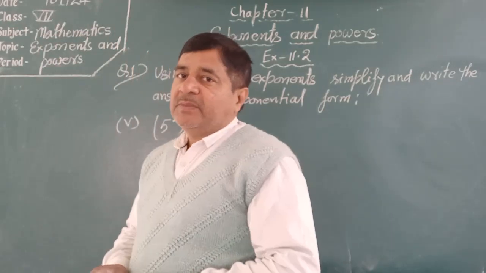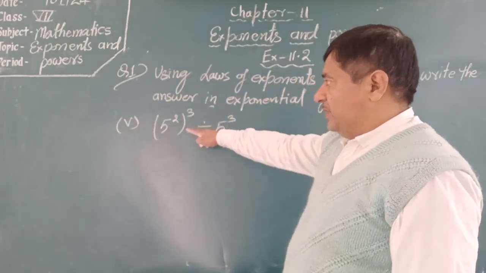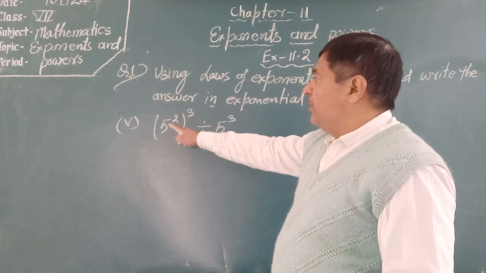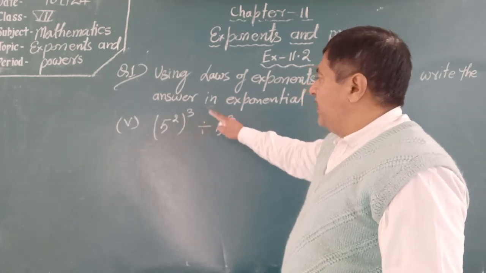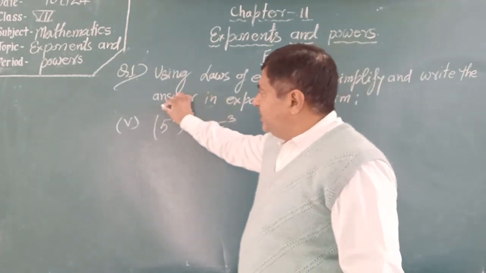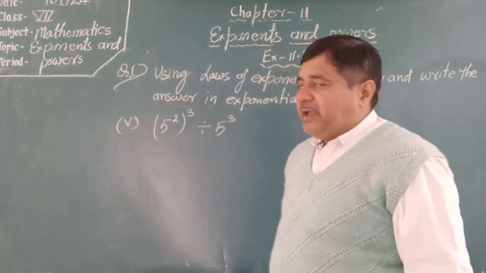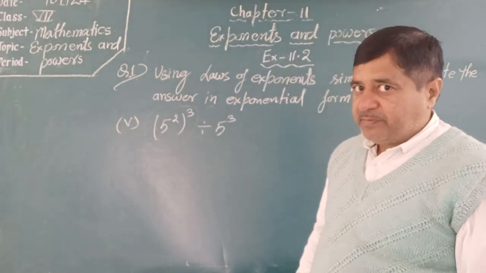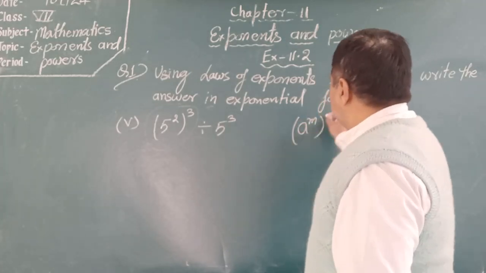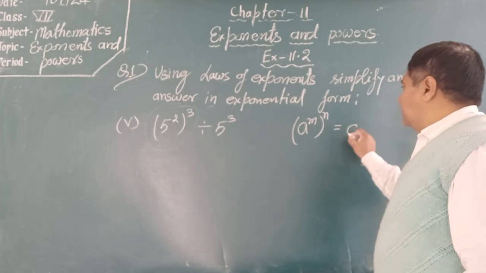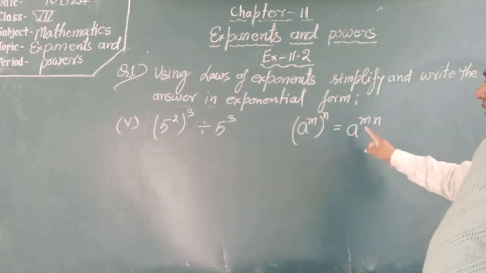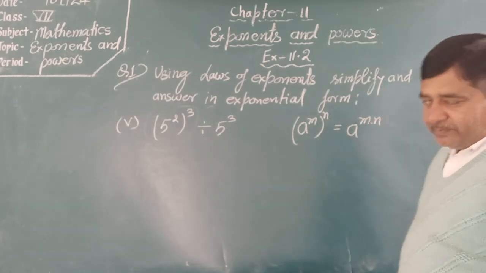Now students, the fifth part. The question given is 5 to the power 2 to the power 3, divided by 5 to the power 3. Here one law is applicable, and this law says a to the power m to the power n becomes a to the power m into n.